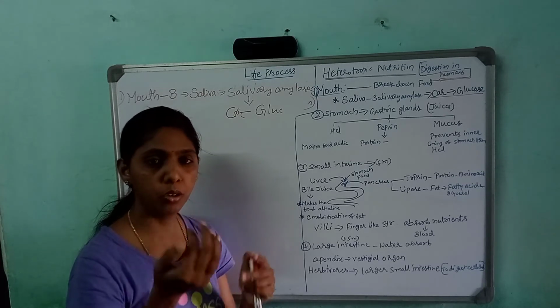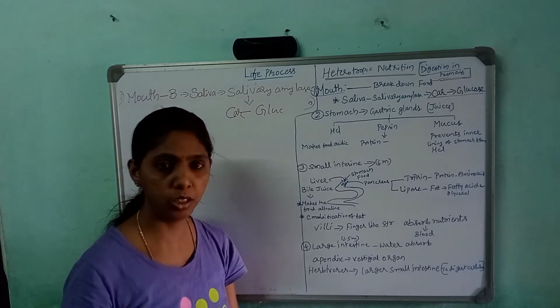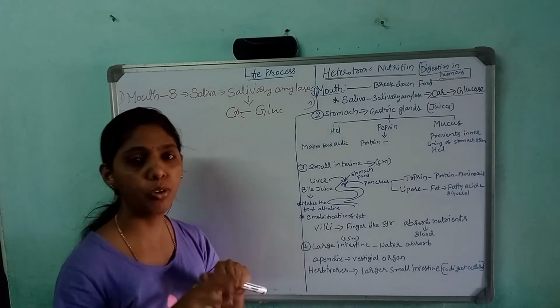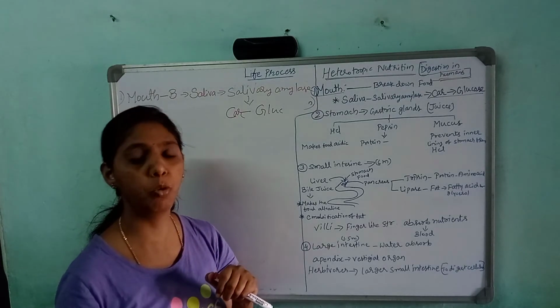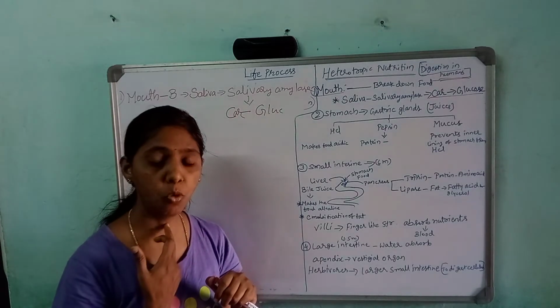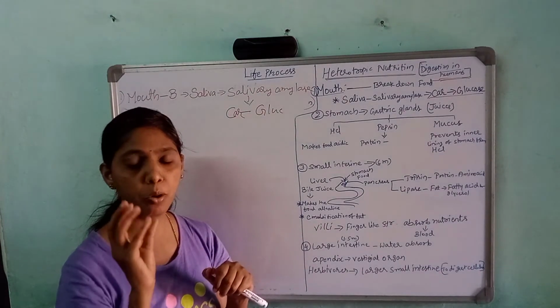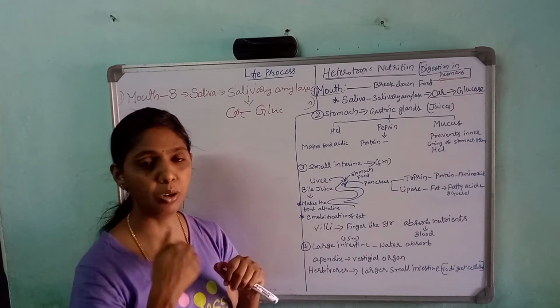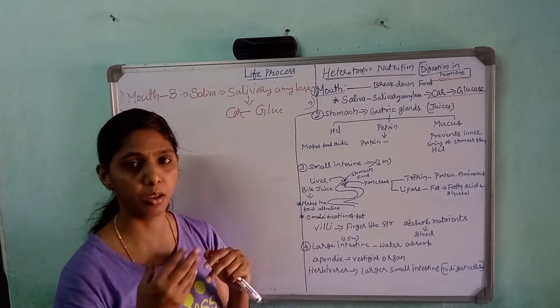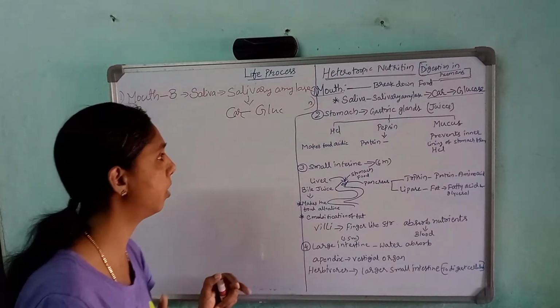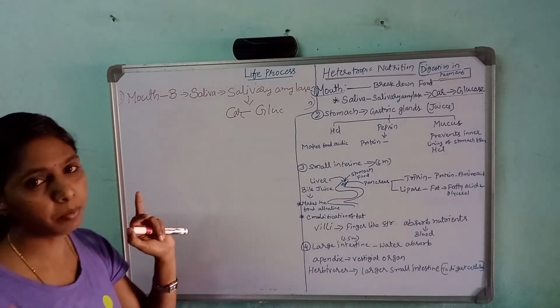So to push that food in the bolus form, there is some movement in the esophagus that is called peristaltic movement. Bolus of the food will go inside, one after another. It will go to the stomach, not at a time. Okay, so that is regarding esophagus.